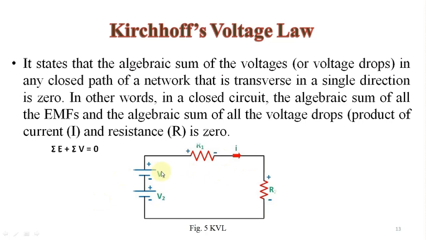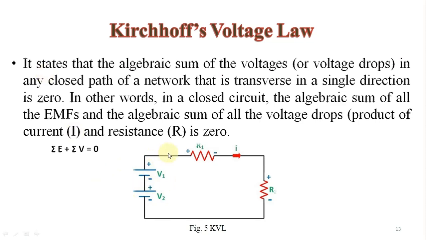If we apply Kirchhoff's voltage law to this circuit, how do we write the equation? We take the assumption that current flowing from the negative side of a battery to the positive side is taken as positive, because there is a rising potential, and if current flows from the positive side to the negative side of a battery, it is a fall in potential, and the fall of potential is written as negative.